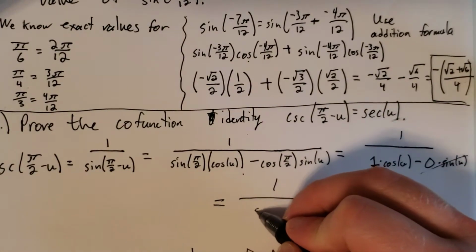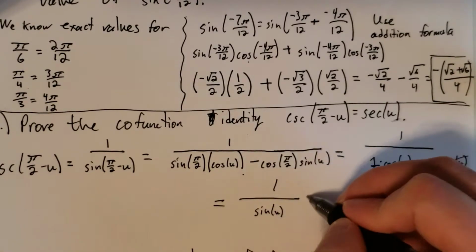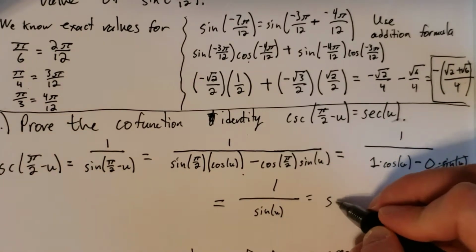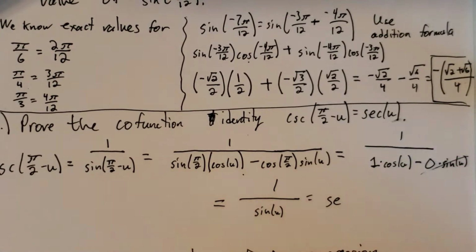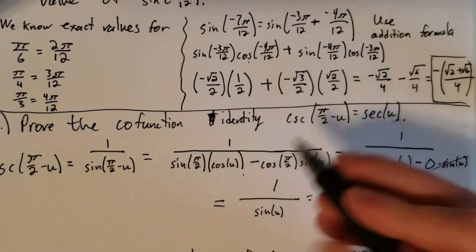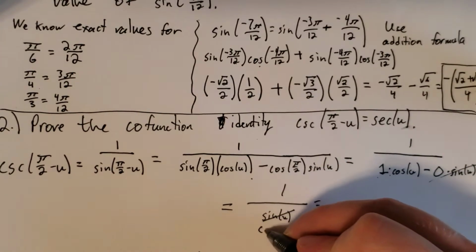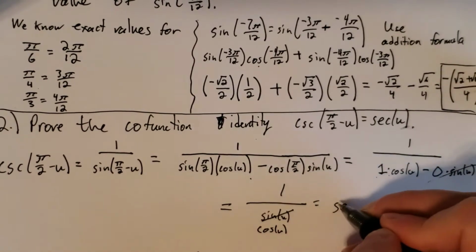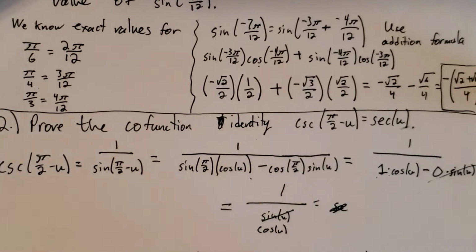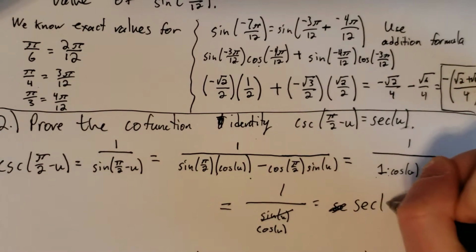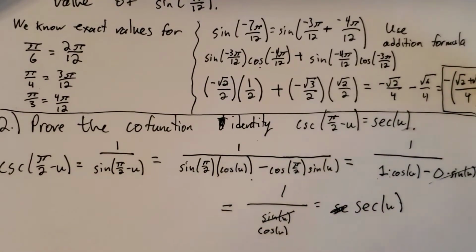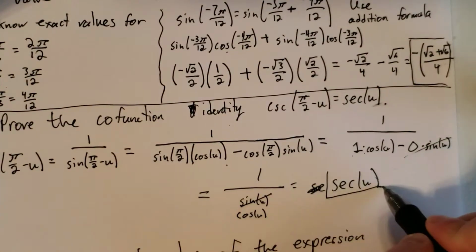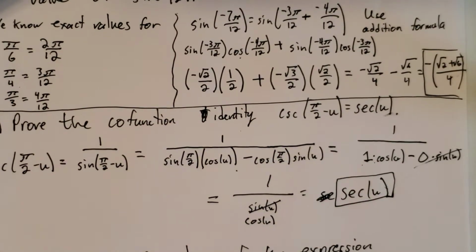So this is 1 over cosine of u, and 1 over cosine of u is secant of u. My mistake there. And that's exactly what we were looking for.